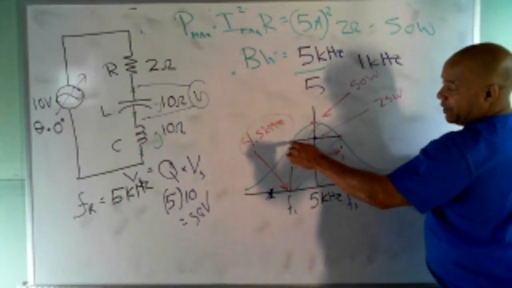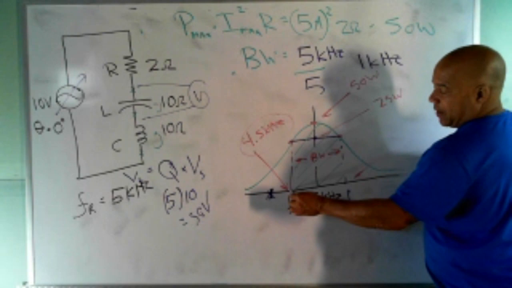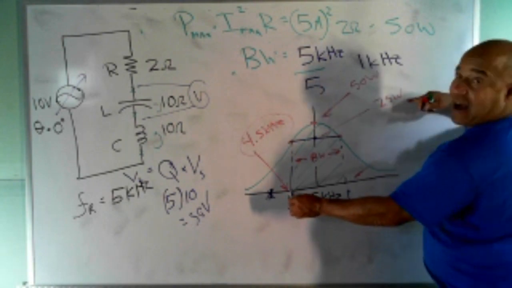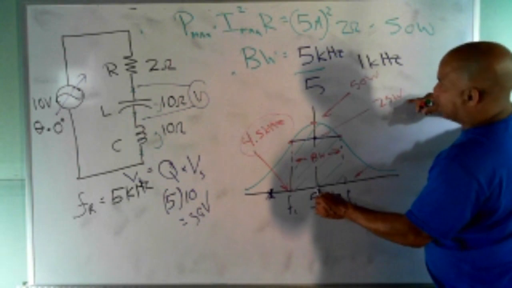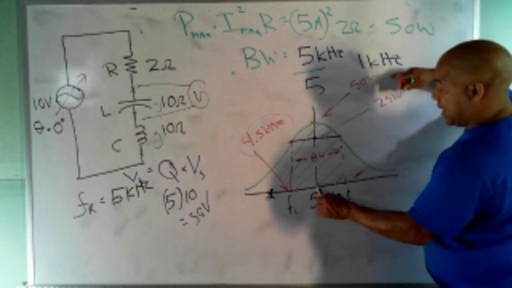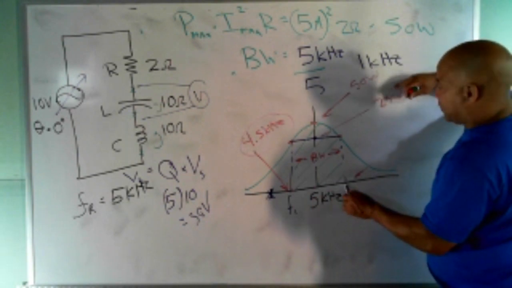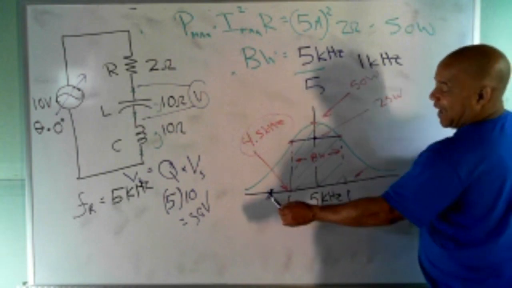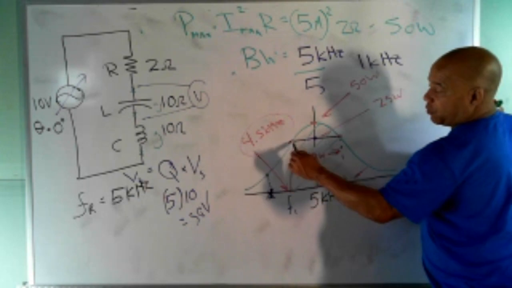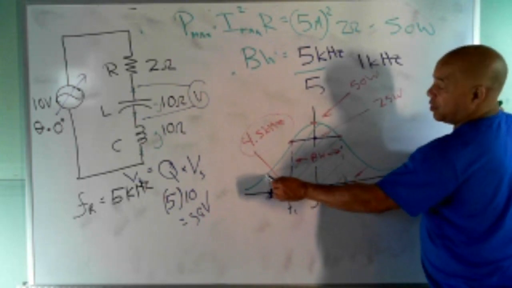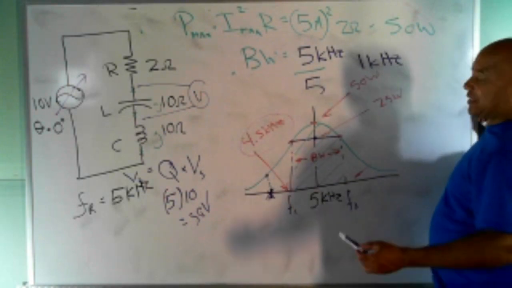You see that right here at this point, any signal at this point, 25 watts is what I can pick up or transmit. As I move towards resonance, it moves up to 50 watts. I move over to my other corner frequency, it's back down to 25 watts. Well, this guy's over here. Look at his power. His power is way down from 25 or 50. So it's almost non-existent.